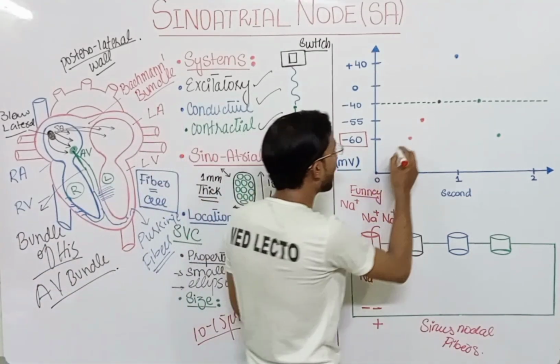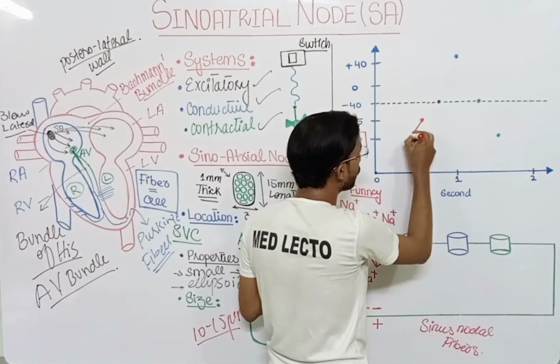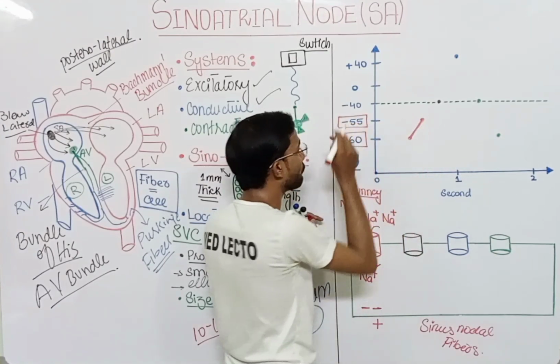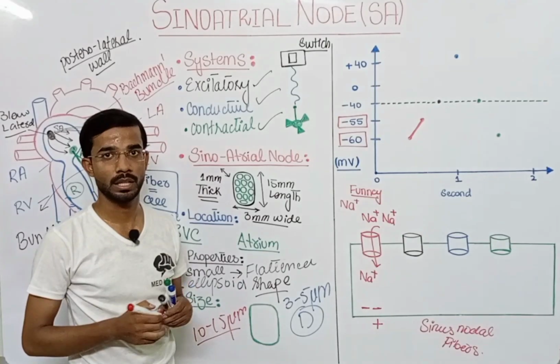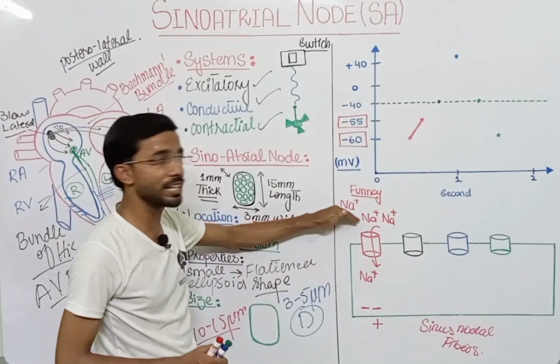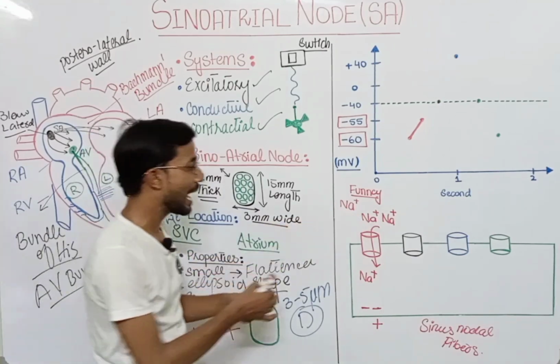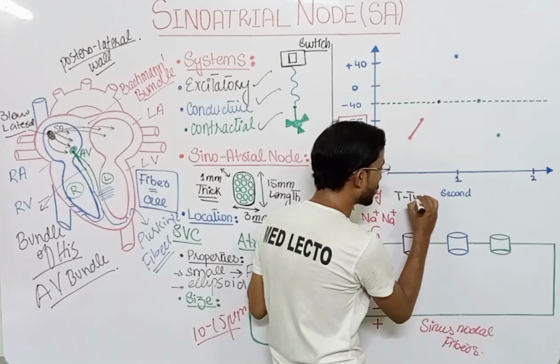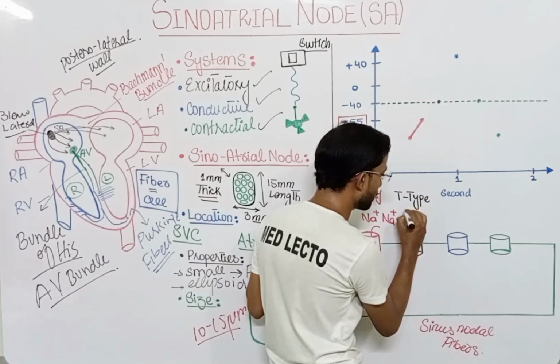So after the opening of the sodium channel, the potential goes towards minus 55 millivolt. That's very important. After that, the funny sodium channels become inactivated, and you will see the opening of the T-type calcium channel.